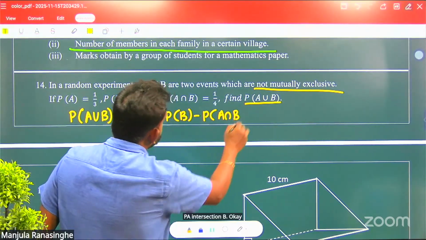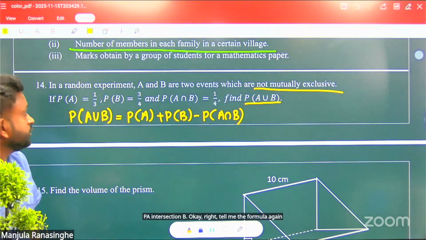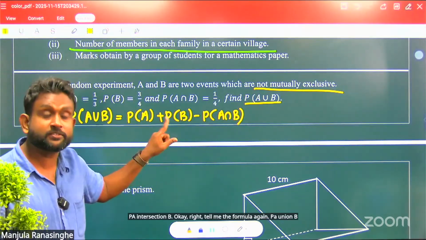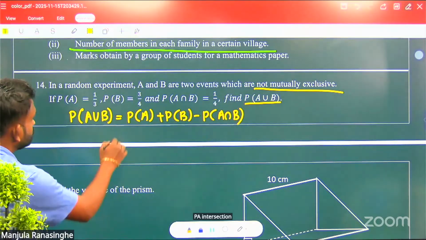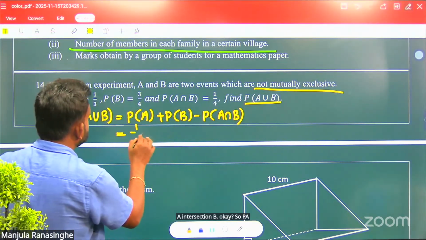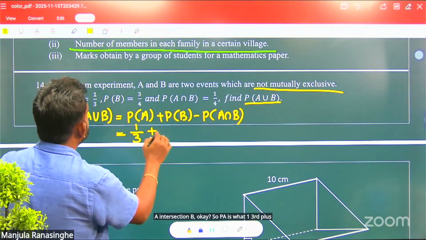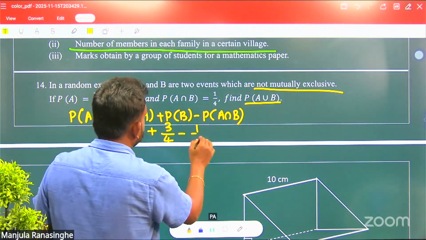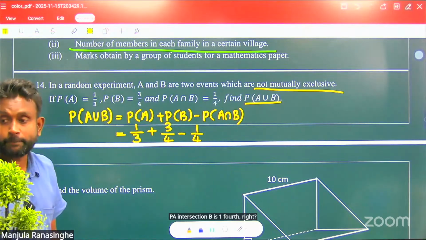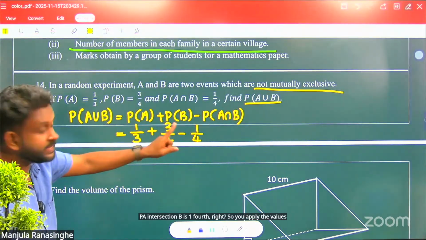Okay, right. Tell me the formula again. P(A union B) equals P(A) plus P(B) minus P(A intersection B). So P(A) is 1/3, plus P(B) is 3/4, minus P(A intersection B) is 1/4. So you apply the values and subtract.